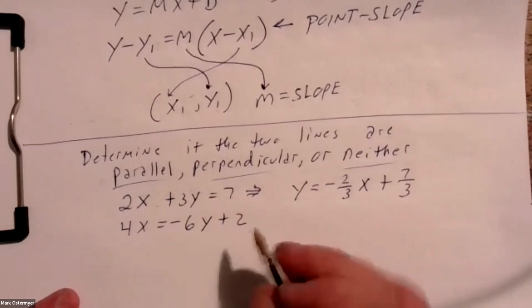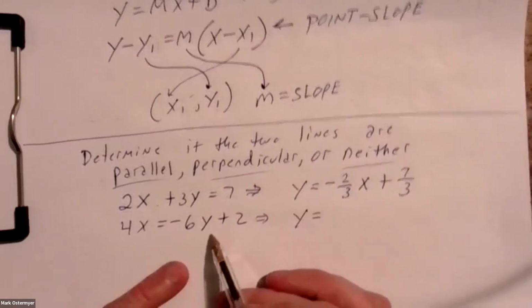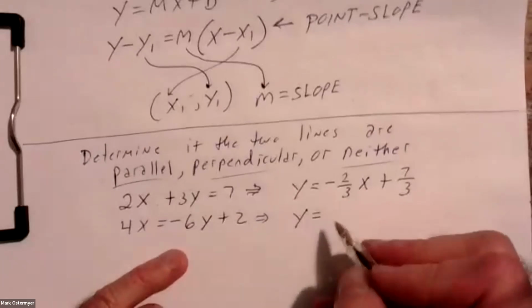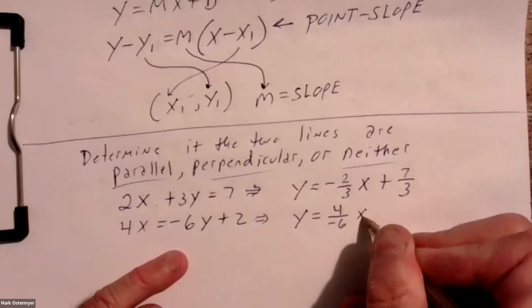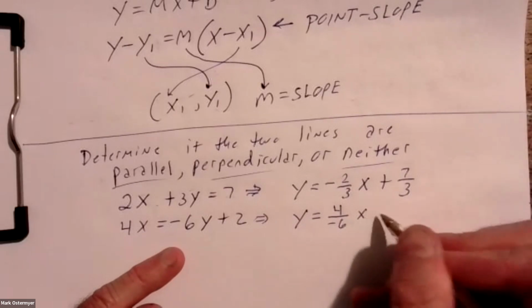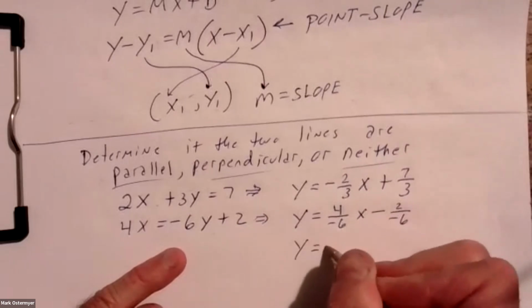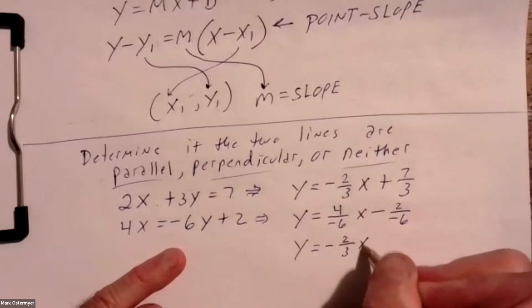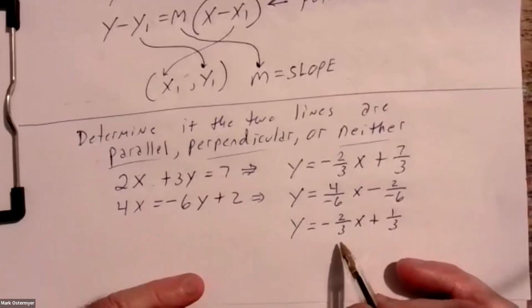When I solve this equation for y, I'll spare ourselves of the details. y is going to be equal to 4 over negative 6x minus 2 over negative 6. So cleaning the second one up, we're going to have negative 2/3 x plus 1/3. This one is now in slope-intercept form.